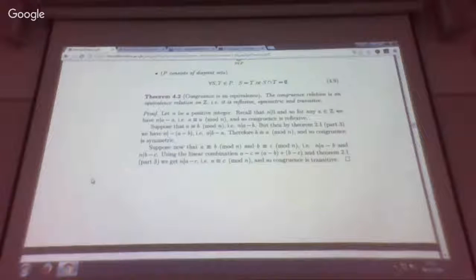I want to record this on the sheet. So knowing that congruence mod n is an equivalence relation, we now know that it will partition the set of integers.